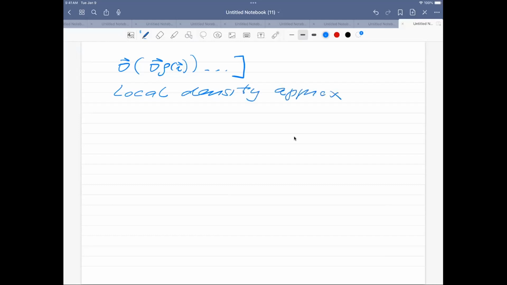In that specific case, we assume that this exchange piece, V of rho of R, is just a function of rho of R. So there is no variation in the density.